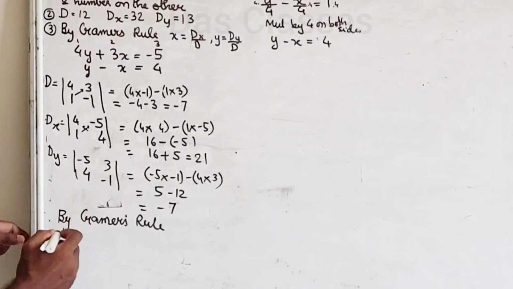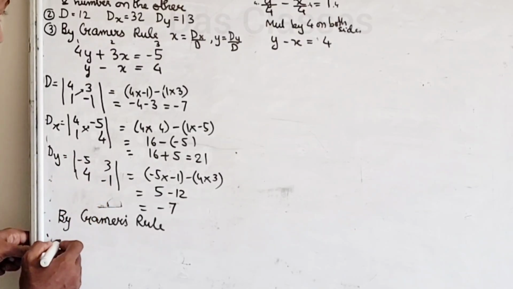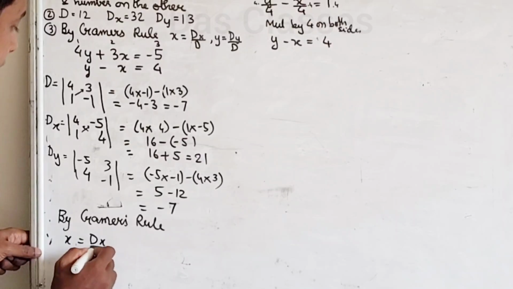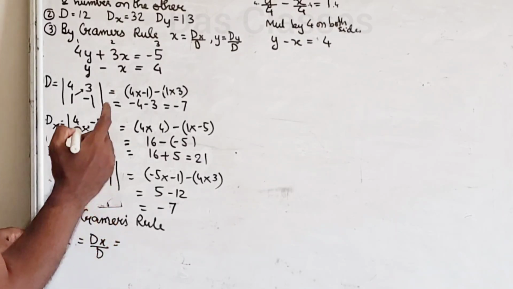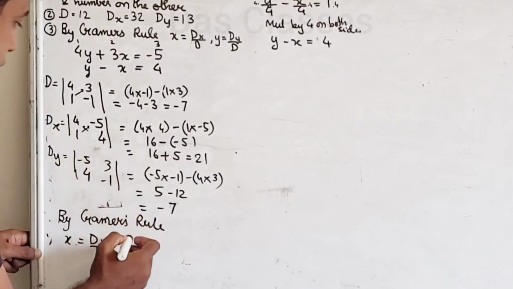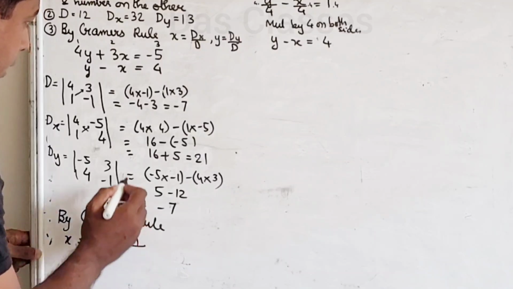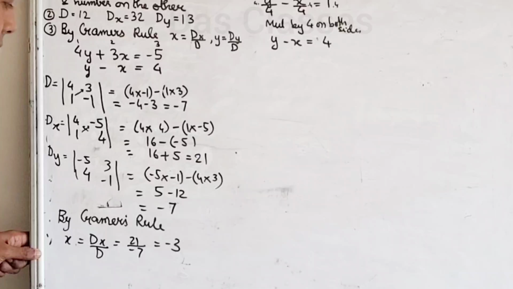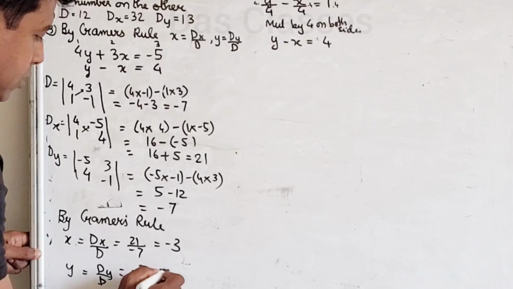So by Cramer's rule, x is equal to dx upon d. Here dx is 21 upon d is minus 7, so that will come to minus 3. And y will be dy upon d, that is minus 7 upon minus 7, that is going to be 1.